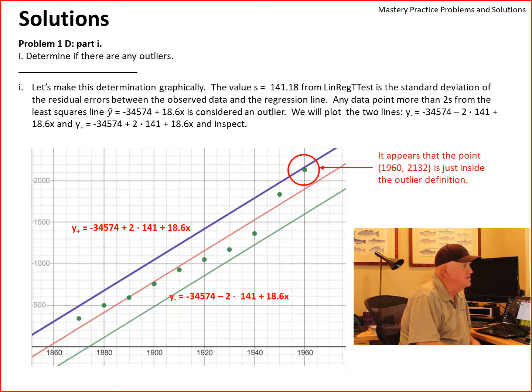We plot those and then we just check to see if the data points lie within those or if one lies outside. You can see the one that we had suspicions about, that point at 1960, 2132, lies just inside the line. So there are no outliers in this data.